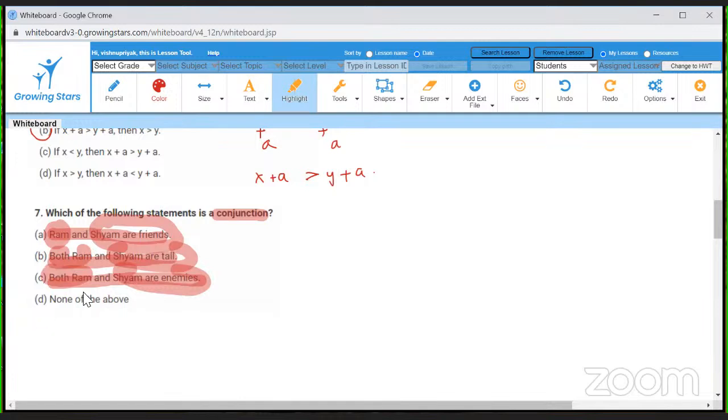You have to write P, Q, with an "and" in between. So there is no "and" here between P and Q. Actually, no proper P and Q. So option D is the correct answer.